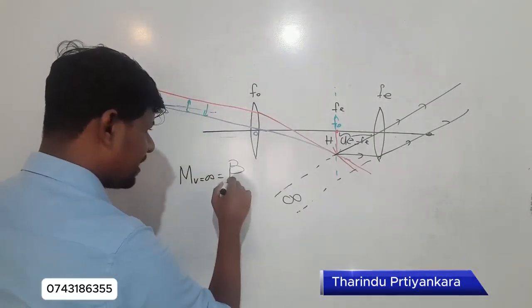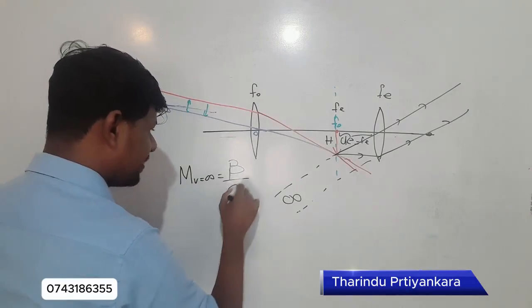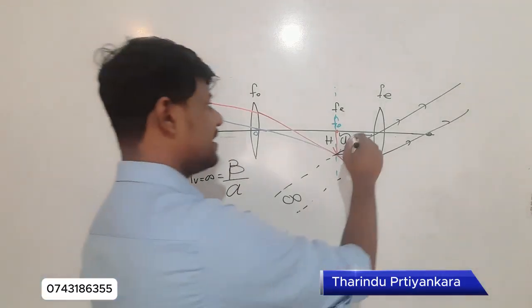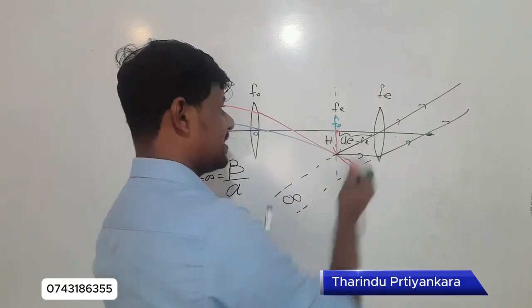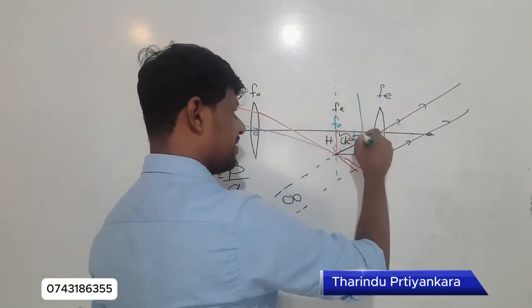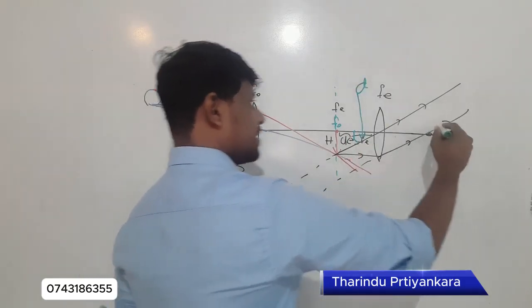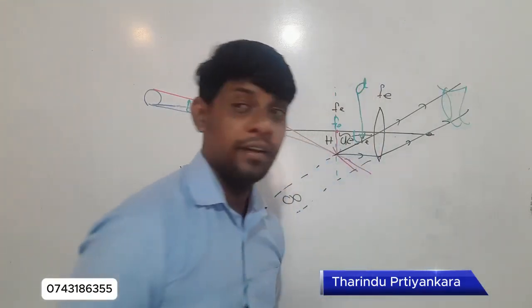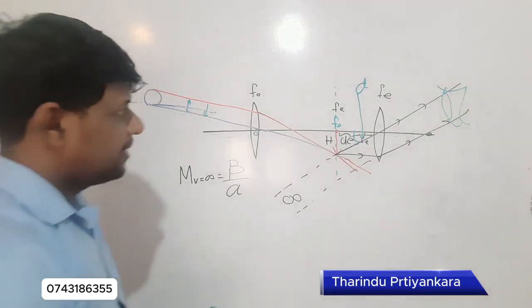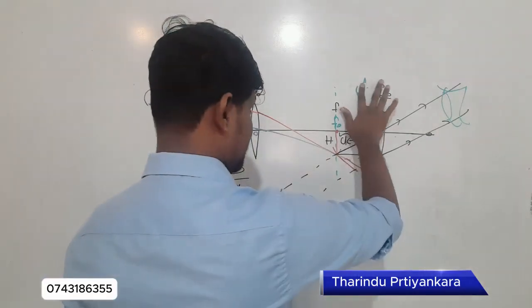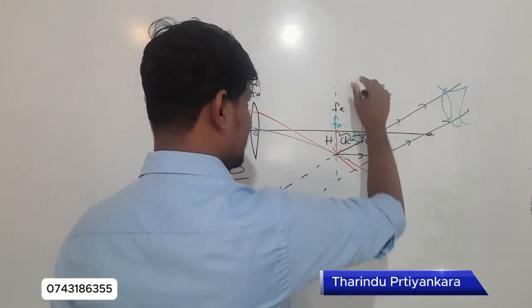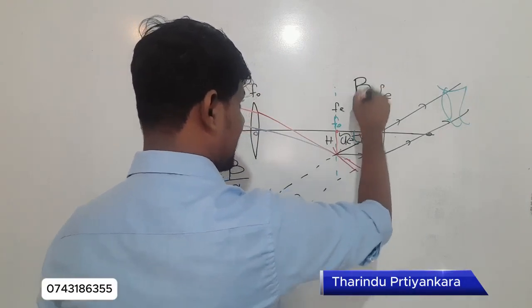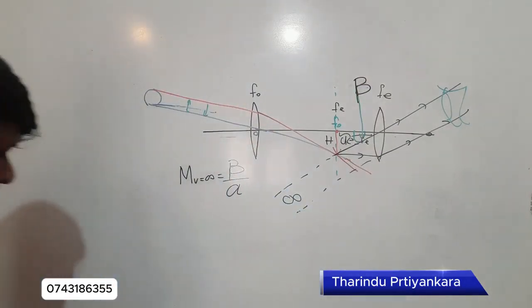So beta angle over alpha angle. You might be wondering what is that beta angle. For my case, I take this final angle as beta. That is what you will see through your eye, right? Sorry, it is beta, as I said, beta. It is beta, okay? Right.